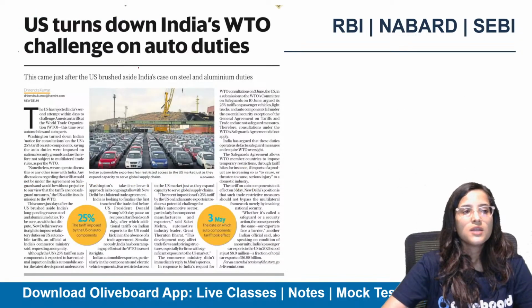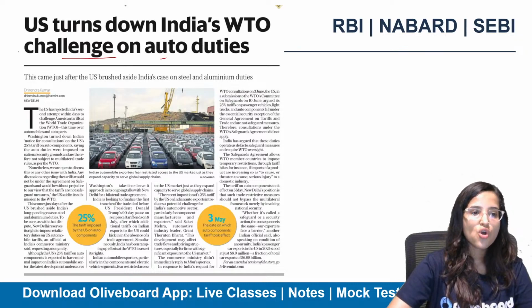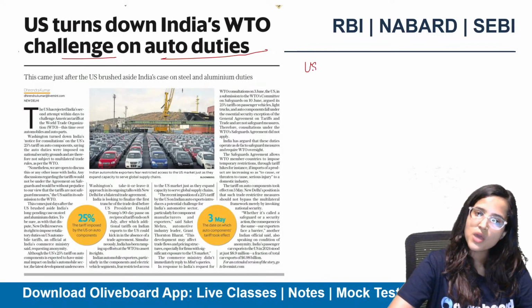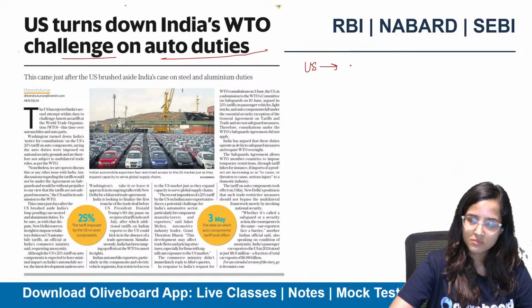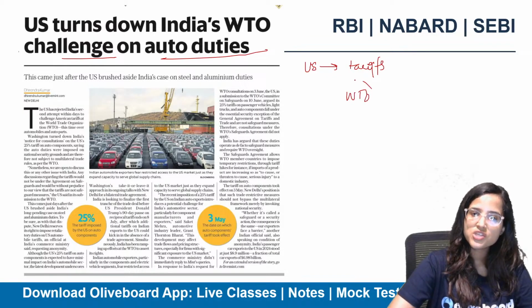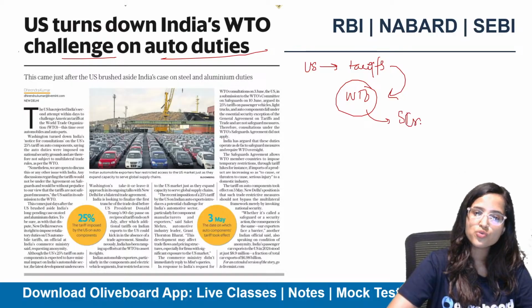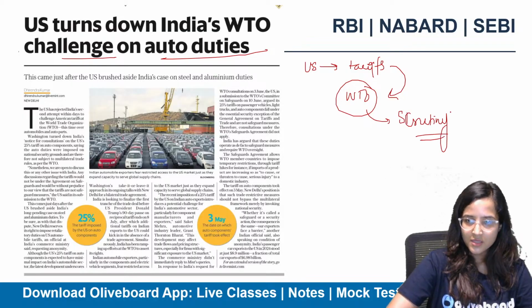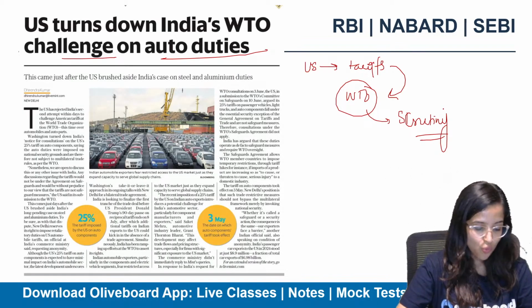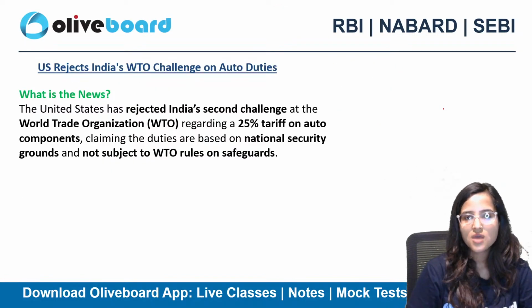ठीक है? Next, US turns down India's WTO challenge on auto duties. See, US is levying tariffs unnecessarily, and we raised an objection at WTO that there is a need for WTO scrutiny in this case. There is a need for WTO to overlook these unrealistic tariffs that US is putting up.